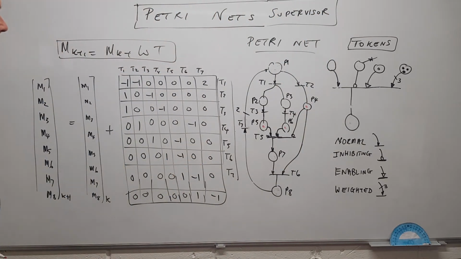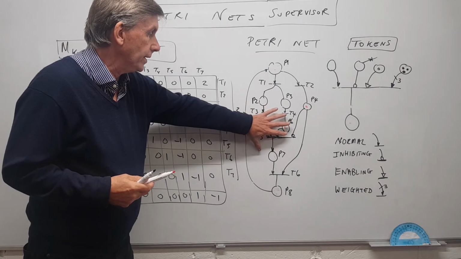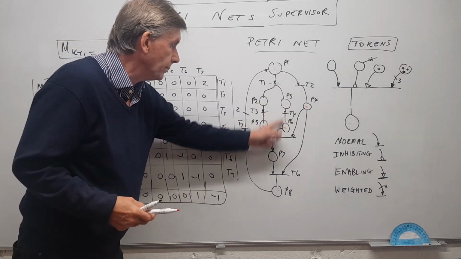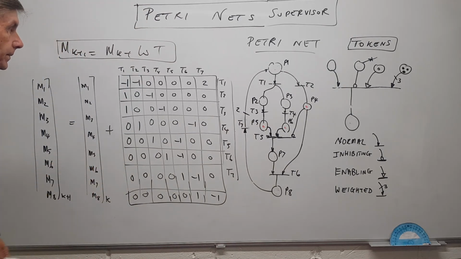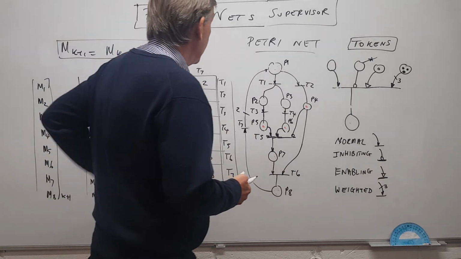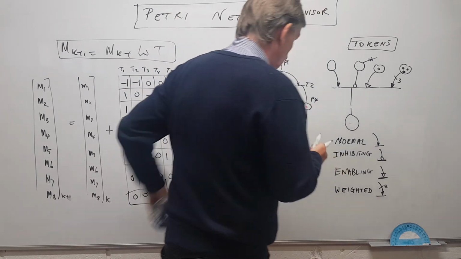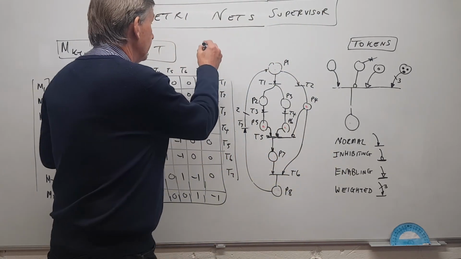So this would be a bad marking, but we could try and design now what's called a Petri net supervisor. The Petri net supervisor can make use of this equation plus a bit of mathematical analysis to modify this Petri net to stop these bad markings occurring. And the technique we're going to use to do that is called place invariance.